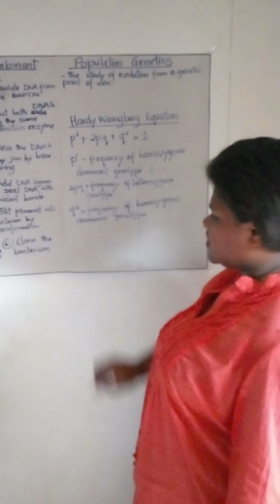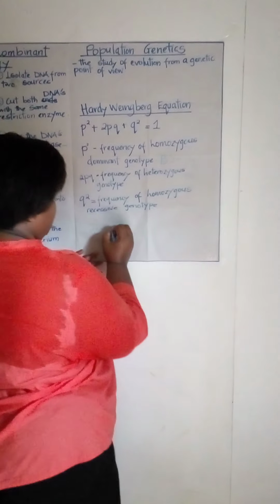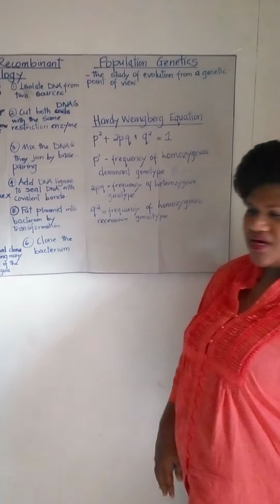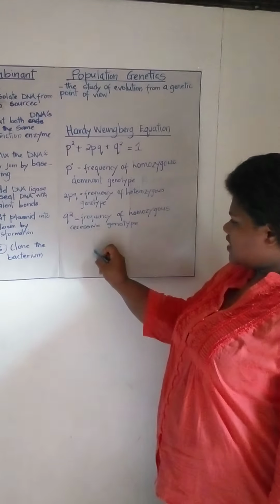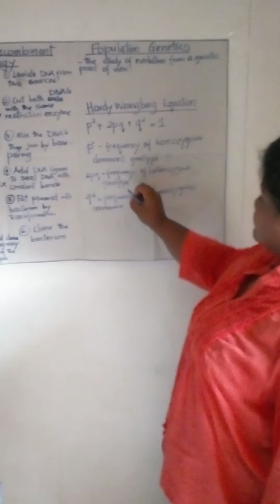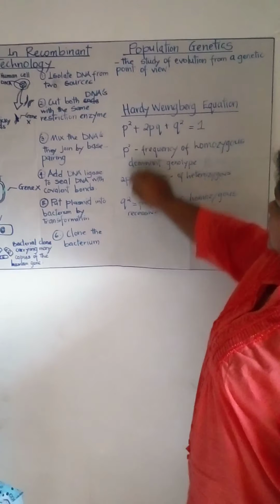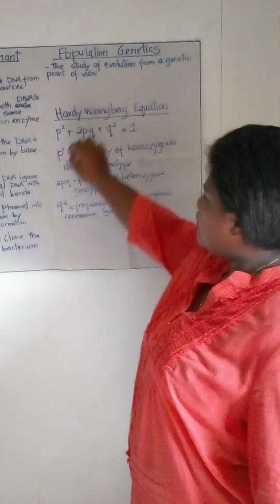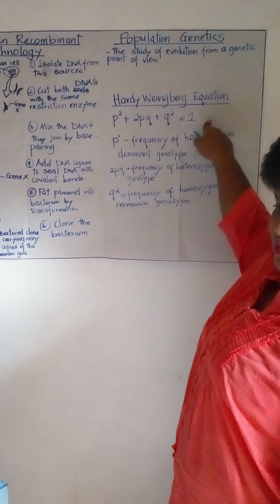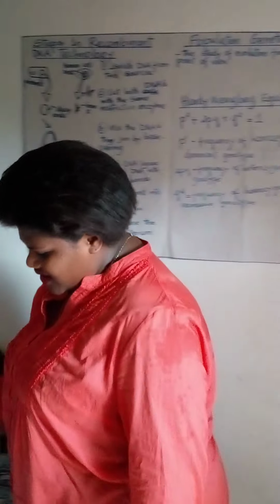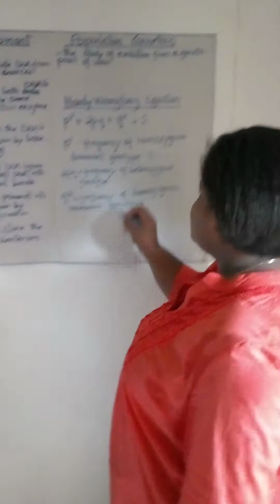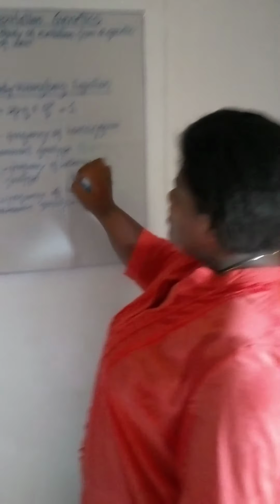Recessive means two small b. That's the explanation of this whole formula: p squared plus 2pq plus q squared will give you 1. I hope that you have understood that explanation. Isn't it, students? Have you understood? Yes, madam.